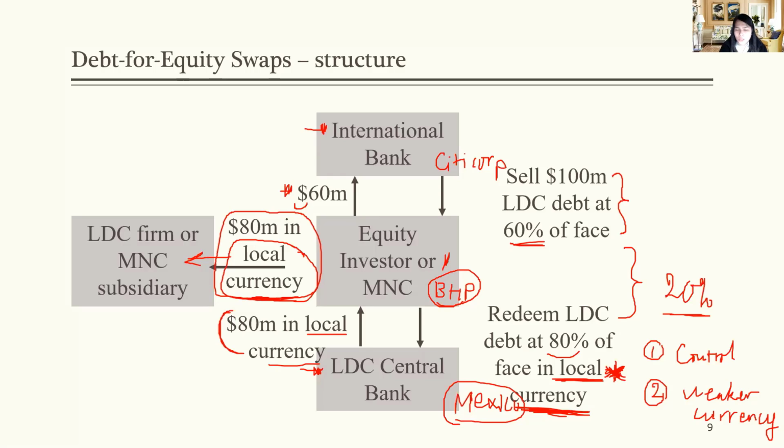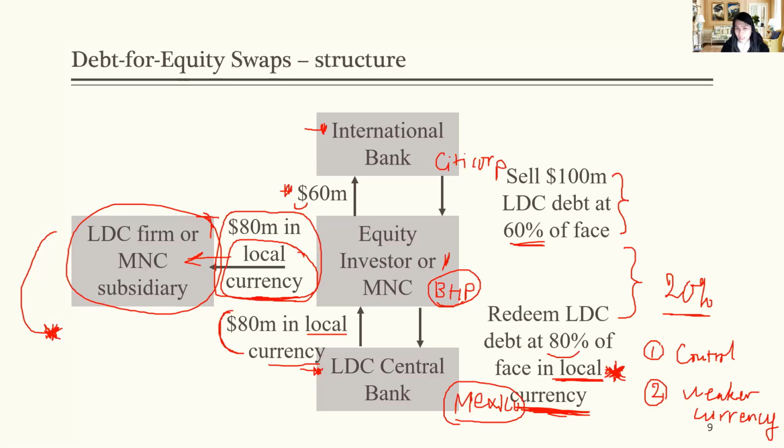So one of the long-term impacts on the debtor country's economy is something that we have to think about, right? So when you invite foreign investment in the country, something you have to worry about is also the foreign ownership of the country's assets, right?